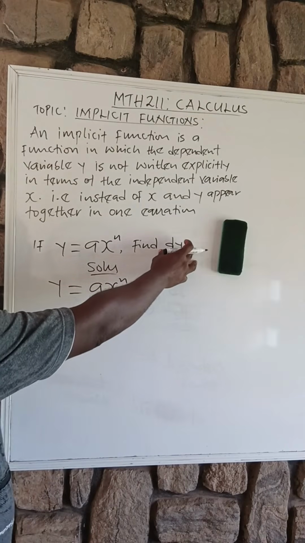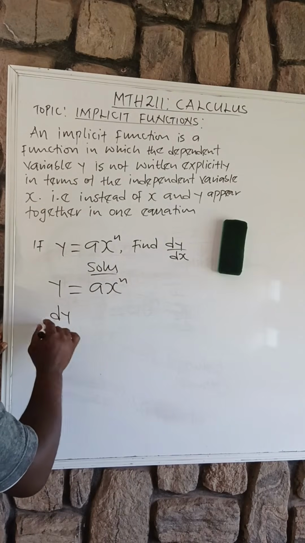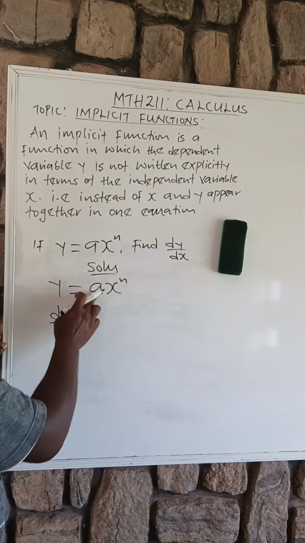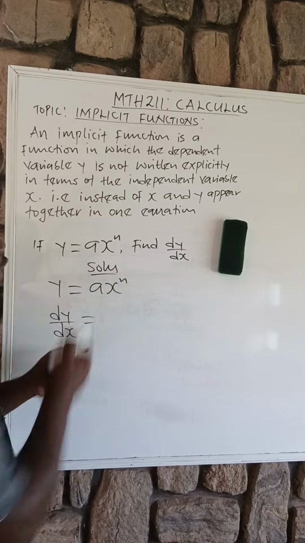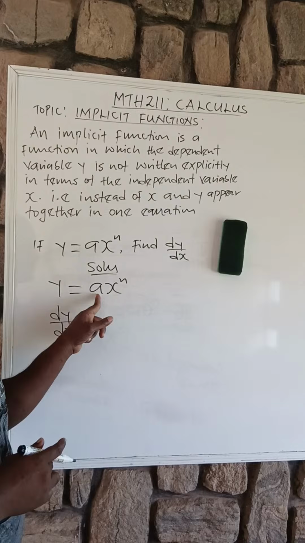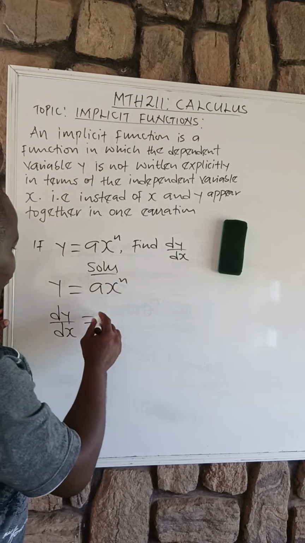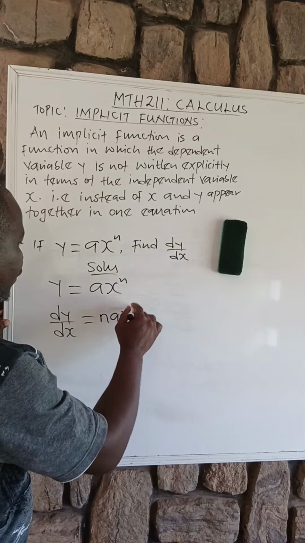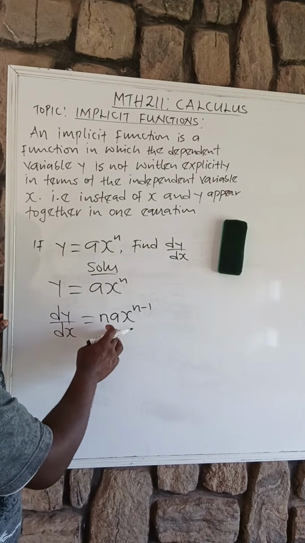So if we are to find the y all over the x, it means our dy all over dx is equal to, note that this is a constant, which is a. So what we have here, n. Use n to multiply any constant that is here. Is that clear? So n times a, it could be n a x raised to the power of n minus 1, because multiplication is commutative.